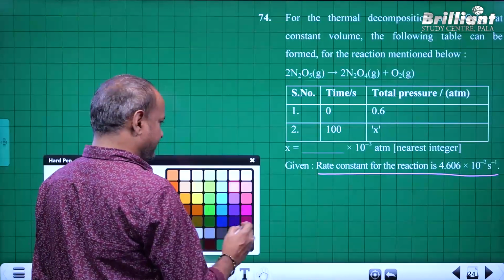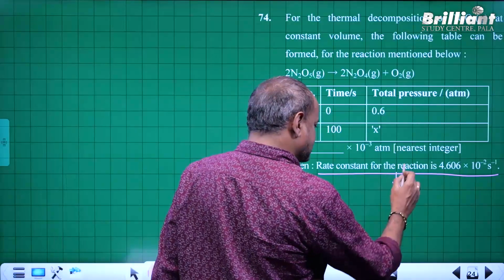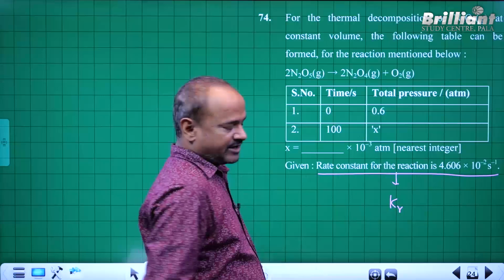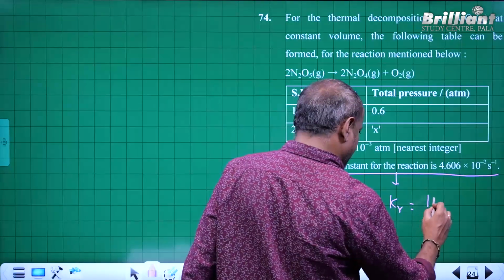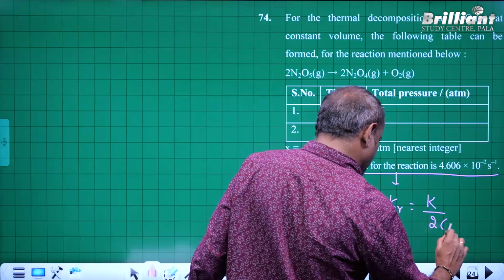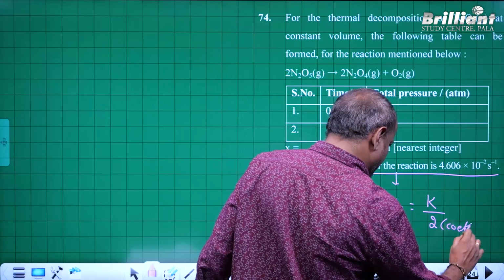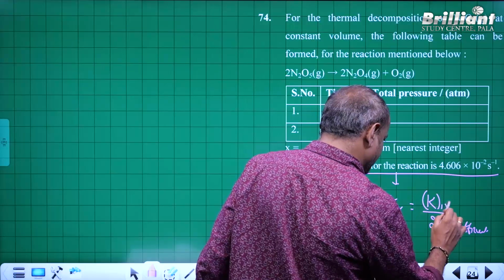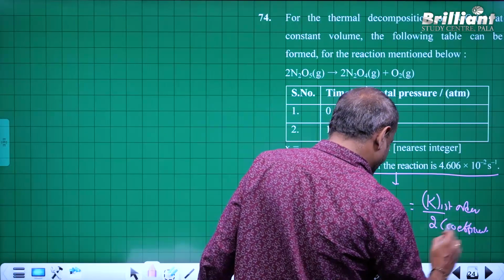That means in this condition, the rate constant of the reaction K by 2, 2 is the coefficient.